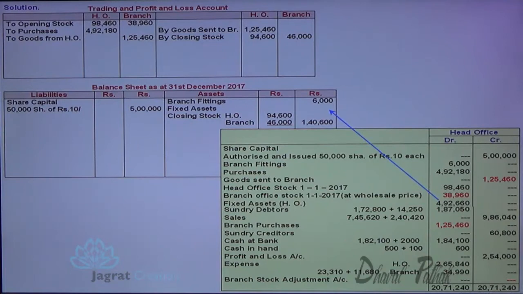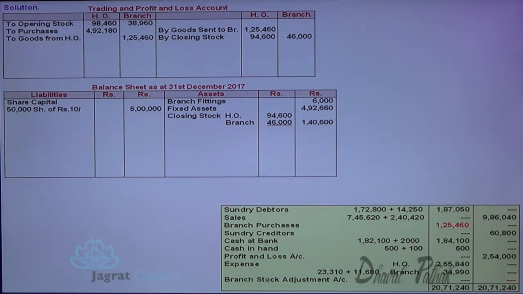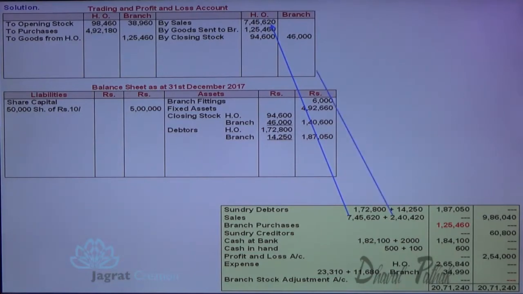Now fixed assets, 4,92,660. Now sundry debtors. Sundry debtors first is of HO, next is of branch. Total appears in the outer column. Sales HO and branch that I have recorded in the inner column.